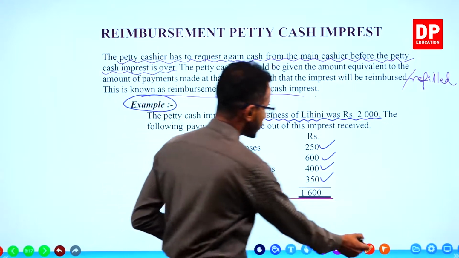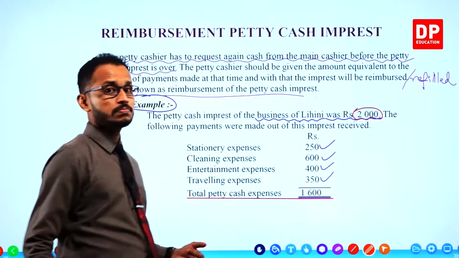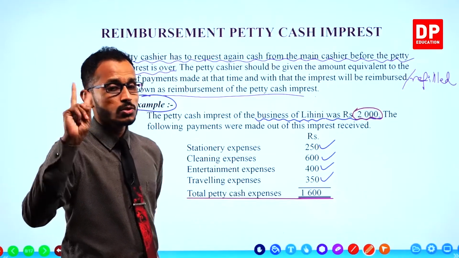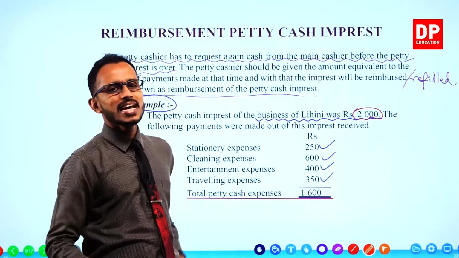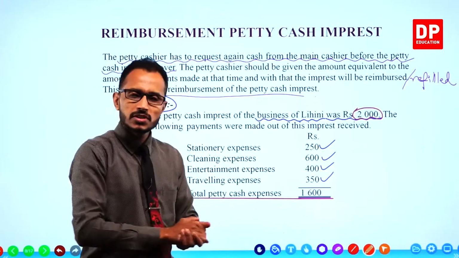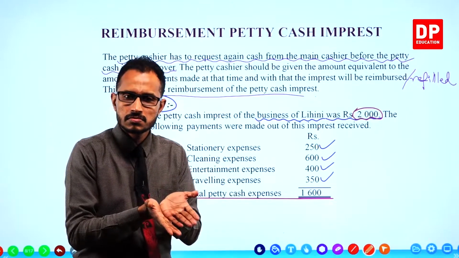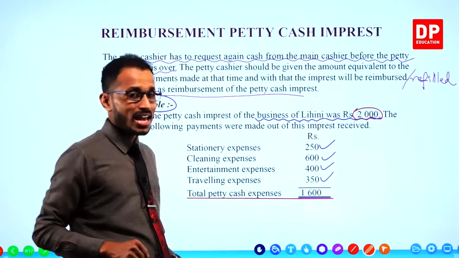Now tell me, what is the imprest? Imprest is 2,000. So has the petty cashier spent all the money, the entire fund for the petty cash expenses? No. What is his balance?